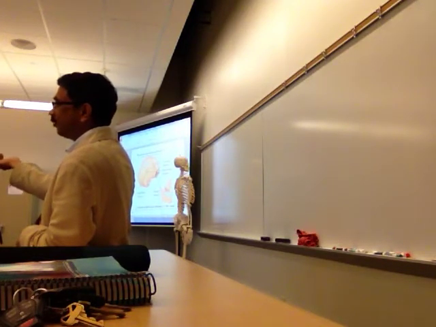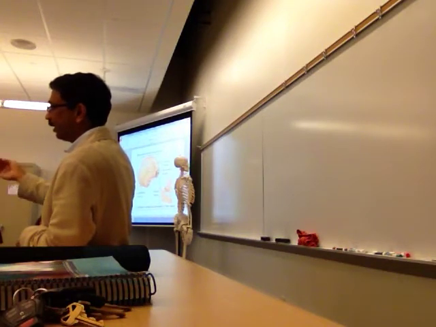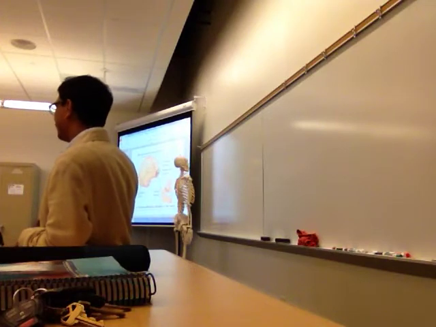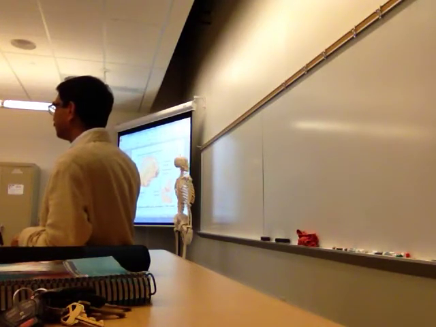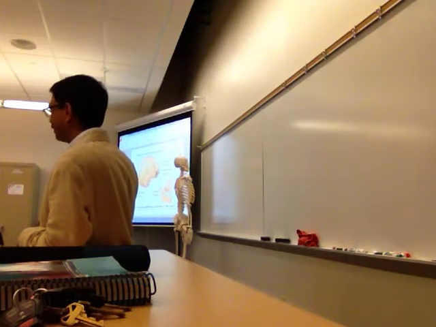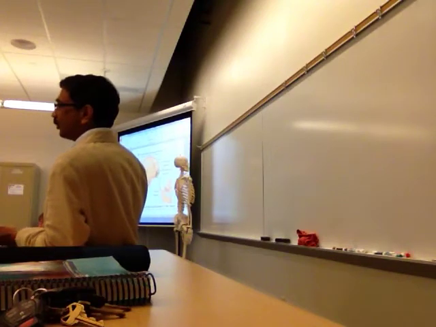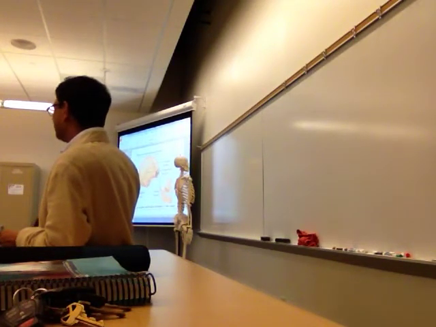Hypophyseal fossa, which contains the pituitary gland. And how many wings does the sphenoid have? Four. Two greater, two lesser. Where's the pineal gland in the head? Pineal is in the brain, it's not related to the skull. When you dissect the brain, you'll see the pineal gland.